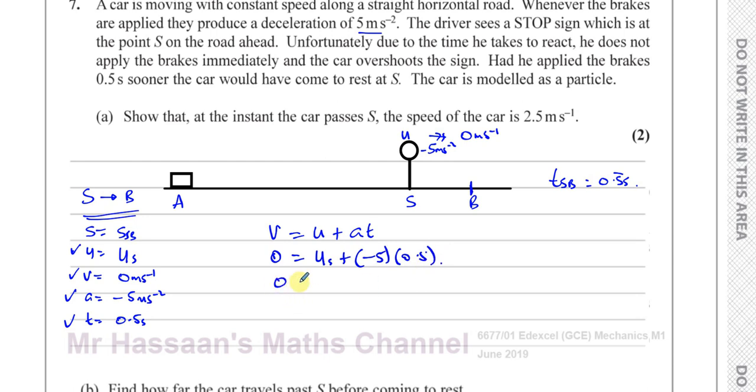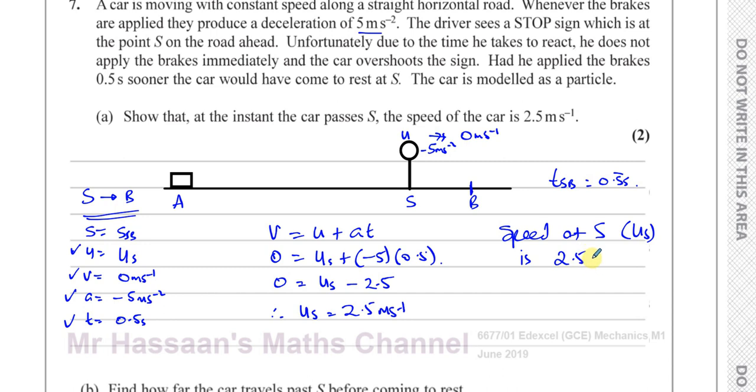So we'll have 0 equals U_S minus 2.5. Therefore, the speed at S is going to be 2.5 meters per second. So you can say the speed at S, which I've called U_S, is 2.5 meters per second. That's what we had to show.